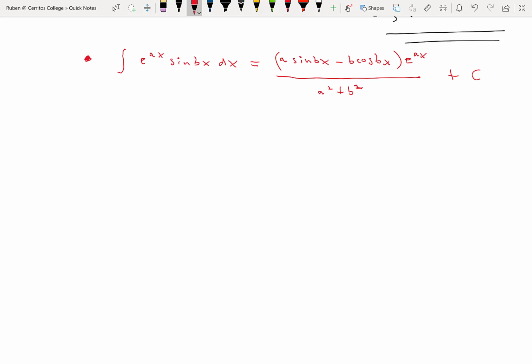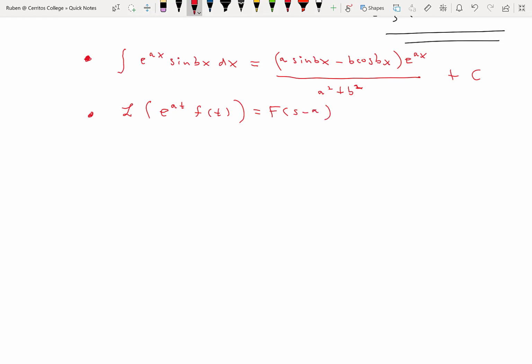Okay. The second thing we're going to need, or at least we should be ready to use, are the shifting theorems. If you recall, the first shifting theorem says that the Laplace transform of e to the at f of t results in a shift to the right of the Laplace transform.